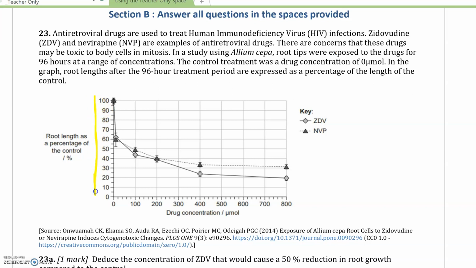So here we've got the root length as a percentage of the control, and here we've got the drug concentration. So immediately what you can see is as you increase the concentration, you decrease the root length, and this first bit really seems to be pretty critical.